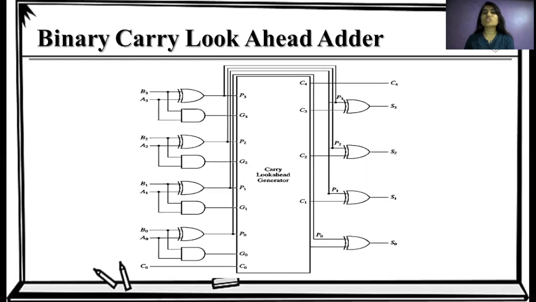This is how we calculate carry independently and save time, and we get the sum bits and carry bits in parallel. This carry look ahead adder is faster than the binary parallel adder.